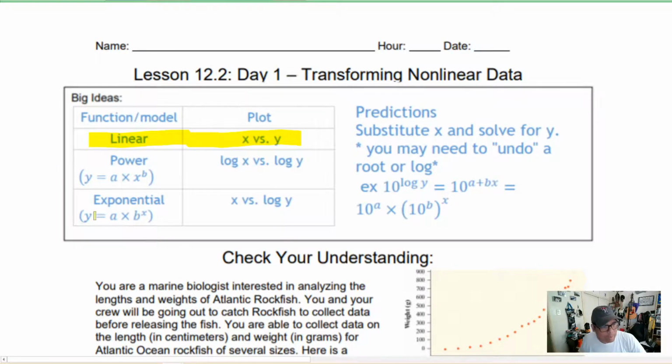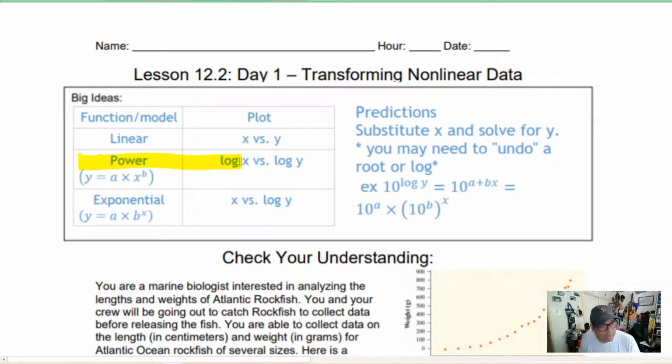However, if we think the data is exponential, then we plot x versus the logarithm of y. This is usually the one that we're going to use most often, the exponential model. Don't worry too much about it, but that is something that you should think about.